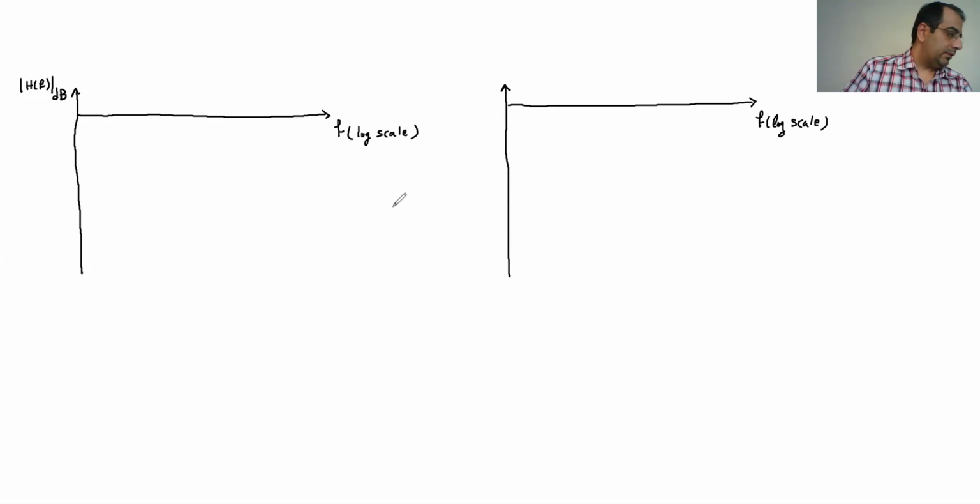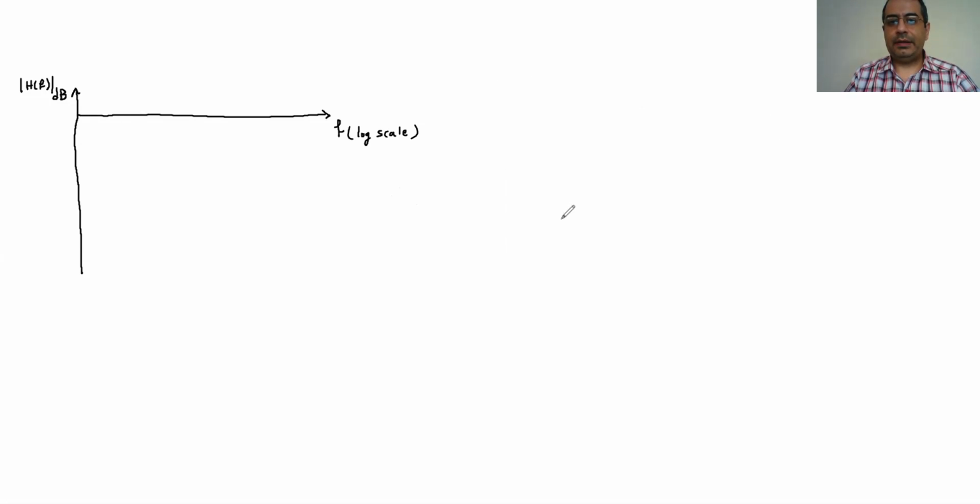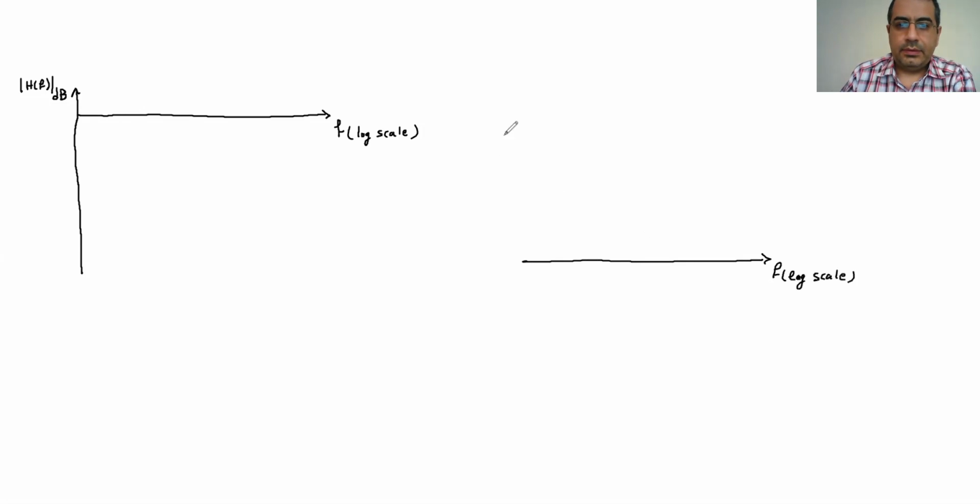Sorry, the angle goes from, no, the angle is actually going to be positive. So this is going to be again the F in a larger scale, and then you have this angle, which is going to be the angle of HF.